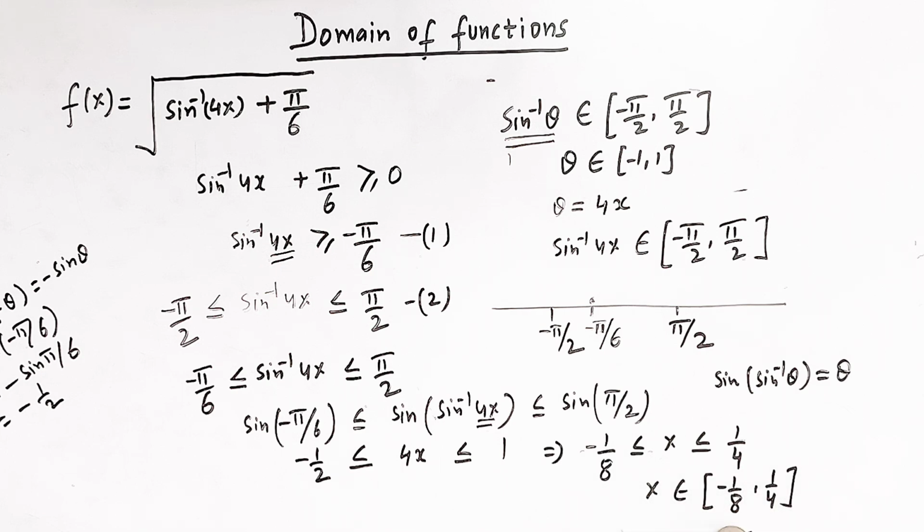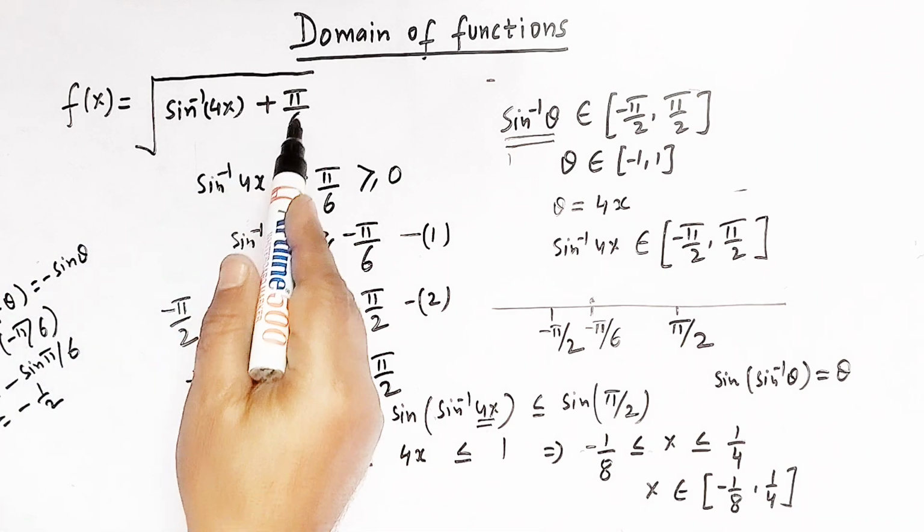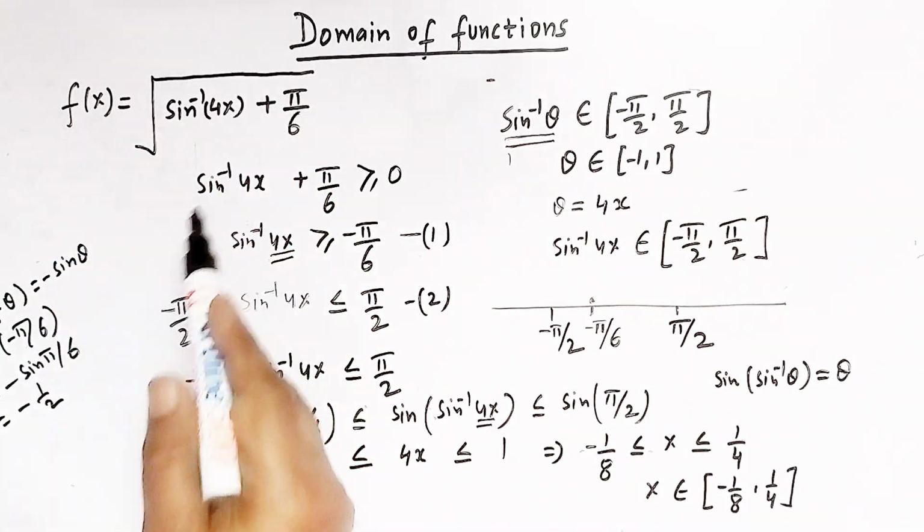And remember, this interval is closed at both ends, so minus 1 over 8 and 1 over 4, both points are included, right? So this is how we can find the domain of functions of these types.